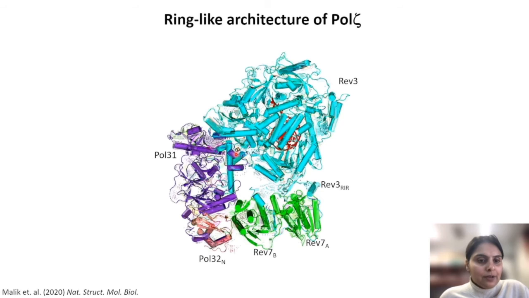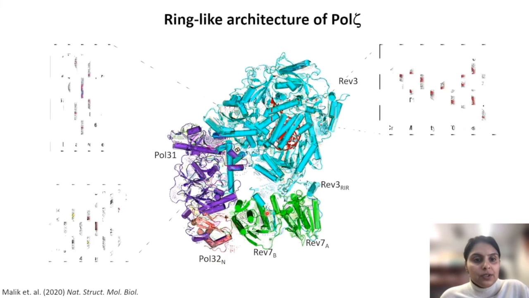We have the iron sulfur cluster at the C terminus with these two long helices, and then we have Pol31 and 32, which complete the ring. The only subunit which does not contact the catalytic Rev3 module is Pol32.